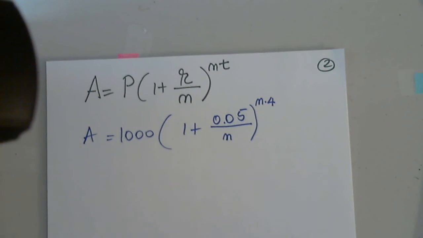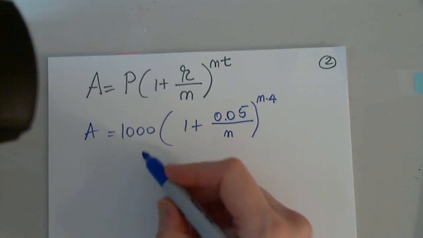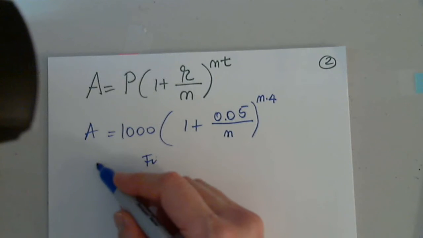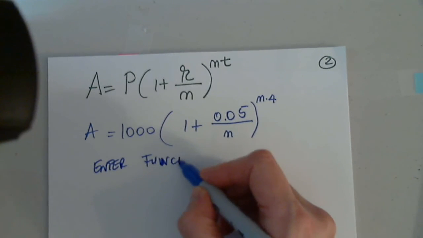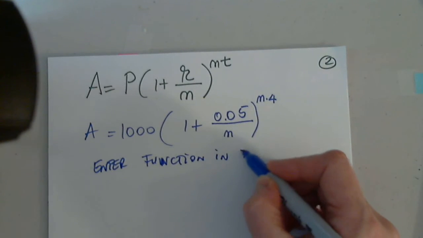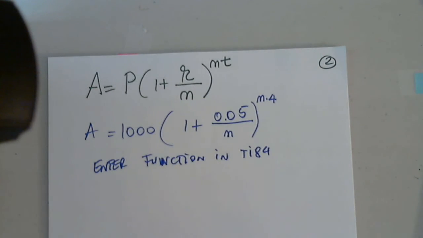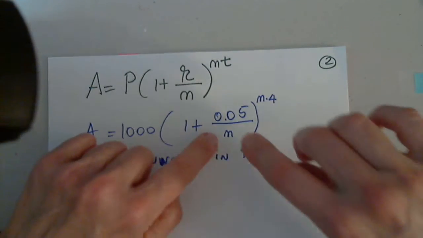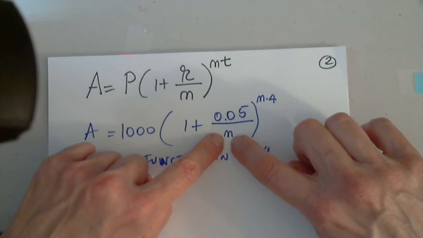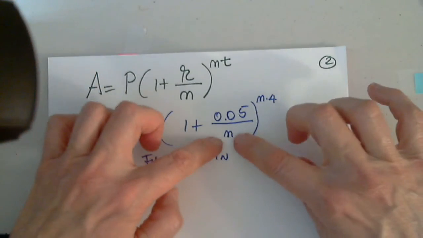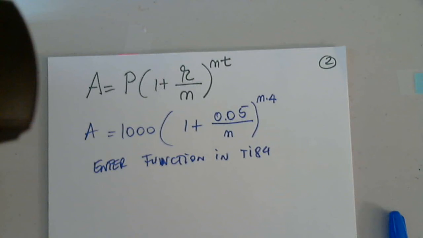What I would like to do next is enter this function in TI 84, 83, whatever you have. So let's do that together. The calculator does not give me N, so I will put X just in the calculator, but it's N. The calculator does not use N.